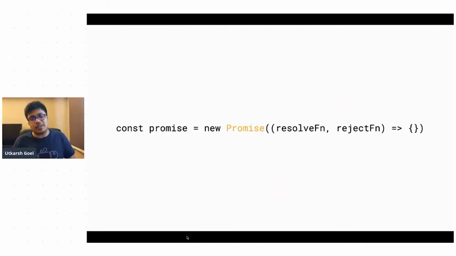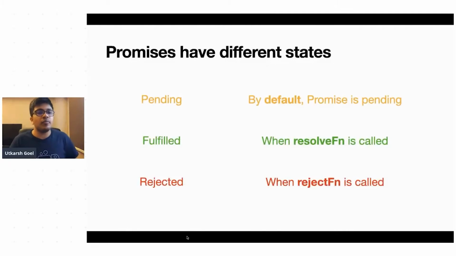So again, how do these promises attain these states? Well, that initializing callback actually has 2 arguments in it. One is the resolve function, and the other is the reject function. You usually see them as resolve and reject in code conventionally, but the idea is that these 2 are actually functions. By default, when you create a promise, it's in its default or pending state.